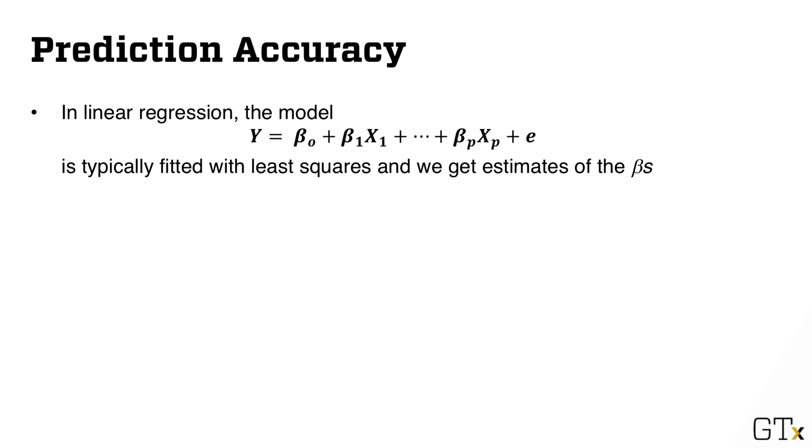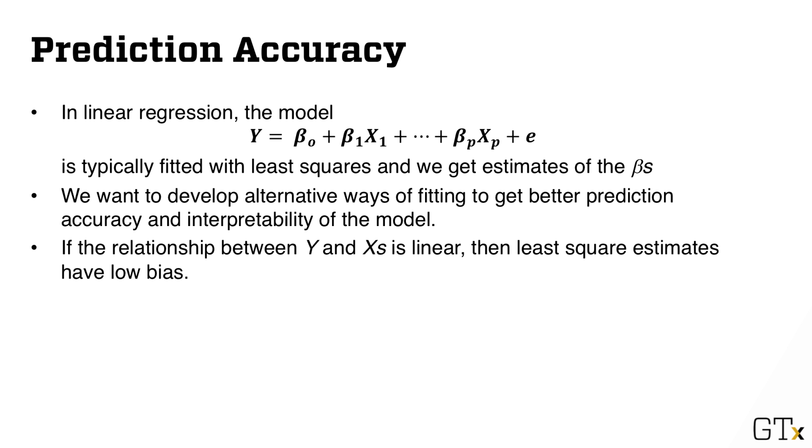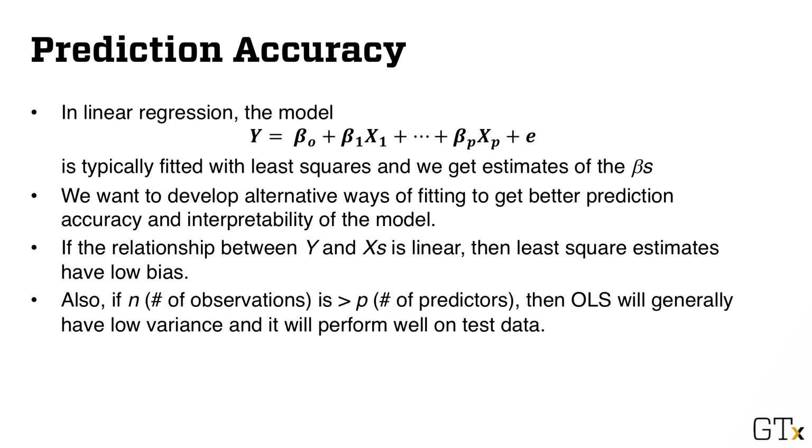We know that in linear regression, that is the model that we have, and we are typically fitting it with least squares to get estimates of the betas. So, we want to develop alternative ways of fitting to get better prediction accuracy and also interpretability of the model. If the relationship between y and x is linear, then least squares estimates have low bias.